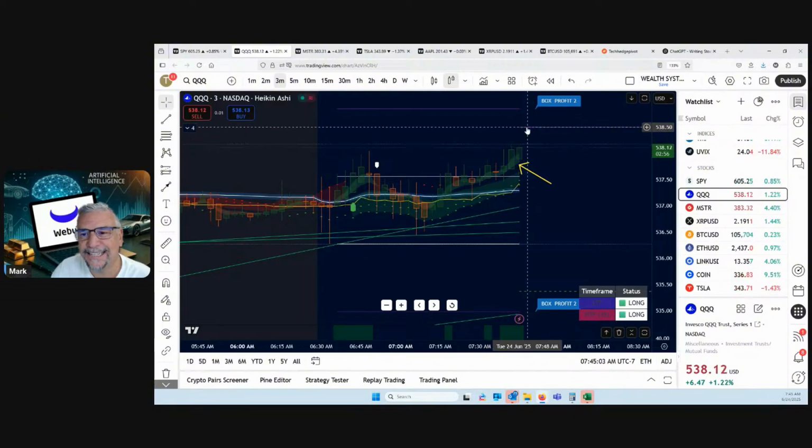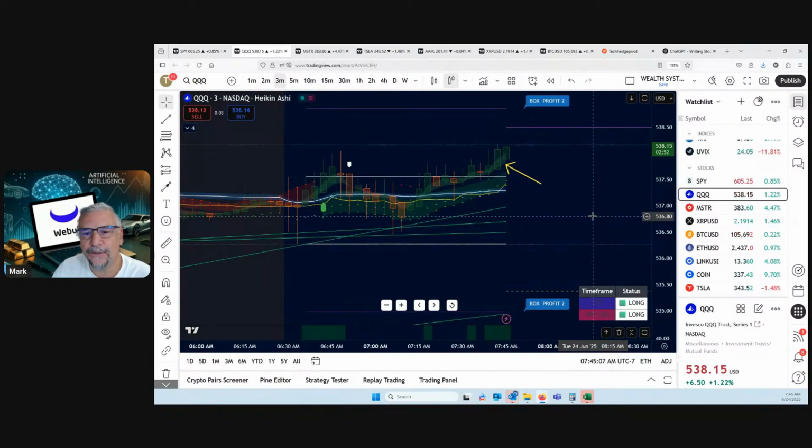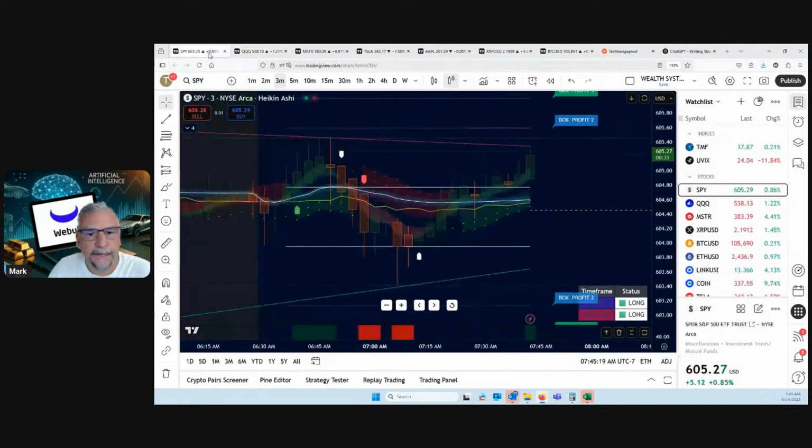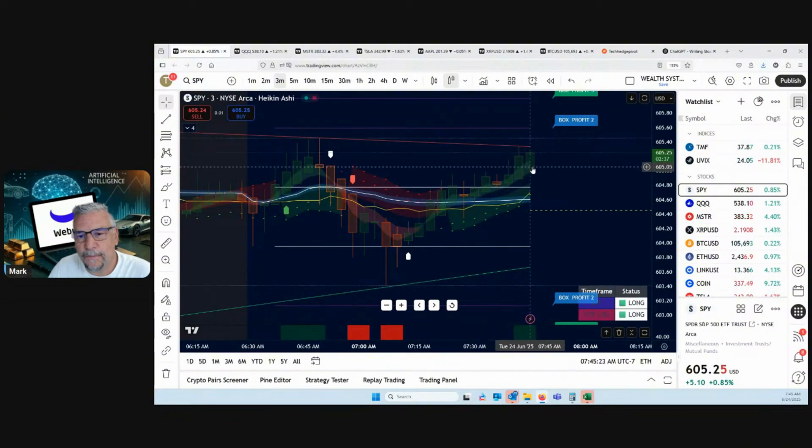Will it approach the 538.50 on this candle? So very, very interesting. Let's see. SPY's got some resistance. Still a higher opening. We'll see if it can break through this resistance. If it does, the next target is 605.60.